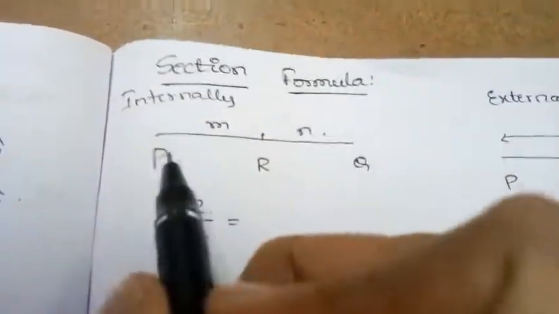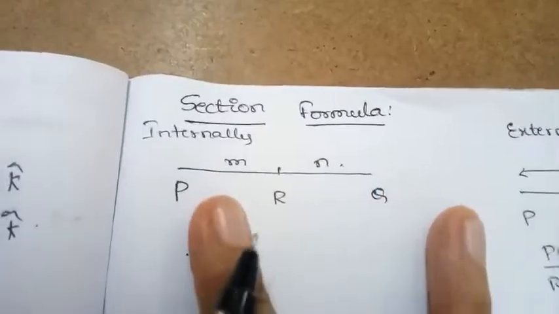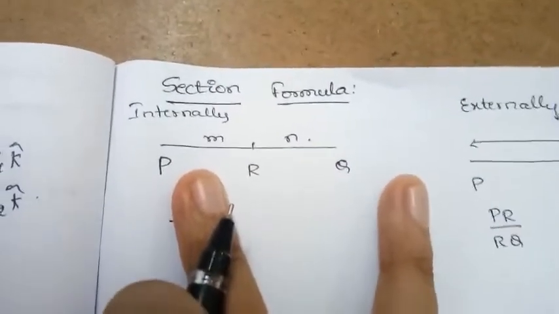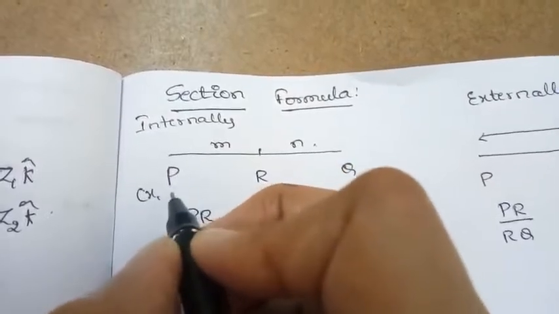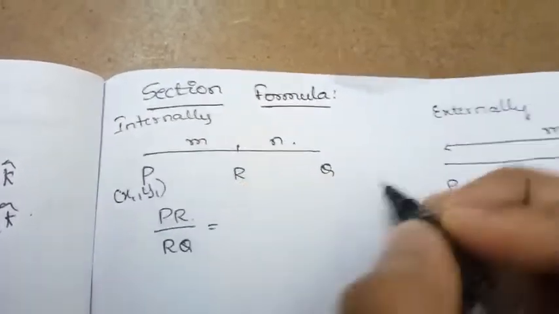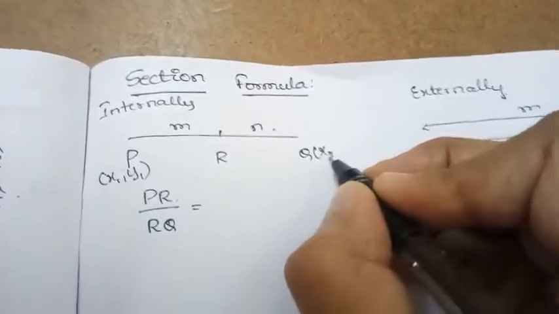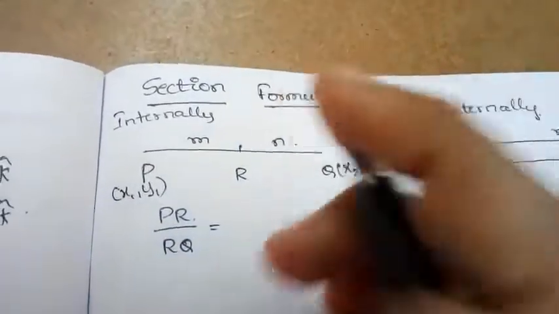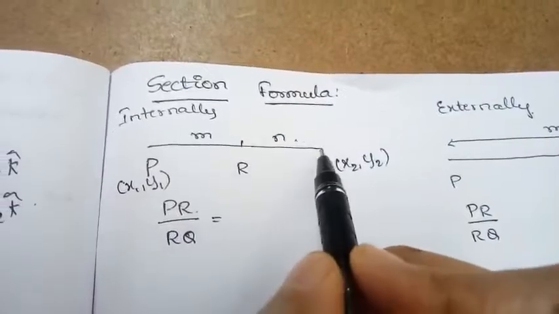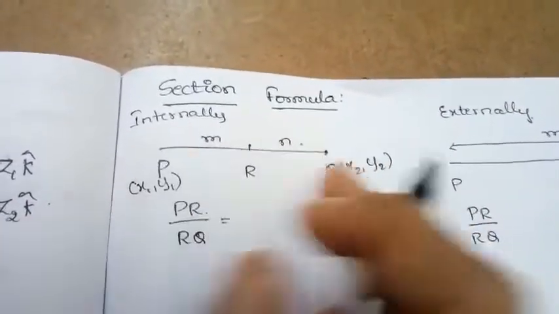First thing is internal. So P and Q are 2 points in a given plane. Let coordinates of point P be x1 and y1 and coordinates of point Q be x2 and y2. So let R be a point such that R divides the line segment PQ.